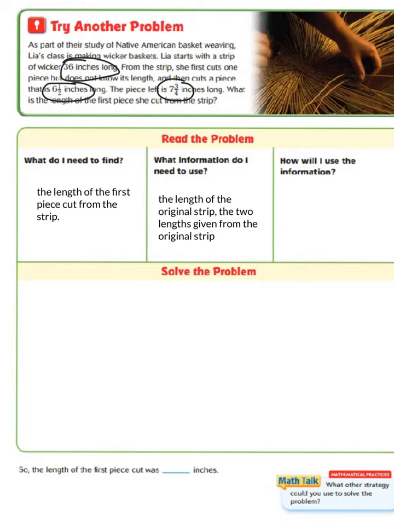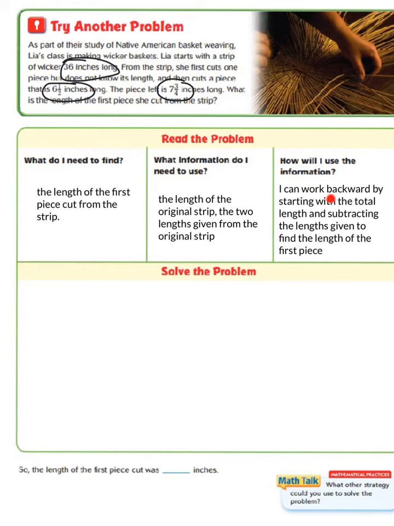So next we look at how will I use the information? Well, I can work backward by starting with the total length, which was 36 inches, and subtracting the lengths given to find the length of the first piece.